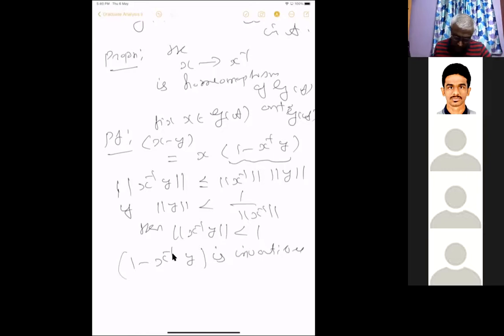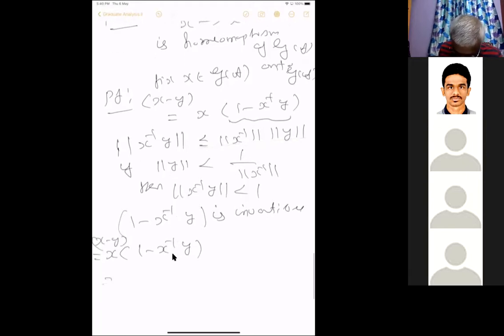And G of A is closed under products, since the inverse of xy is y inverse x inverse. You know that. Because of that, x times (1 minus x inverse y), which equals x minus y, is also invertible.